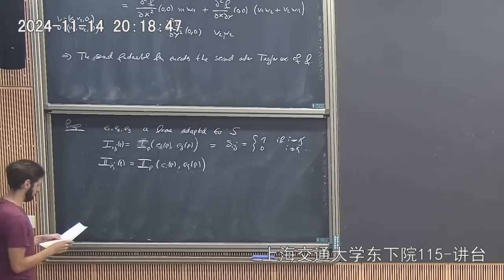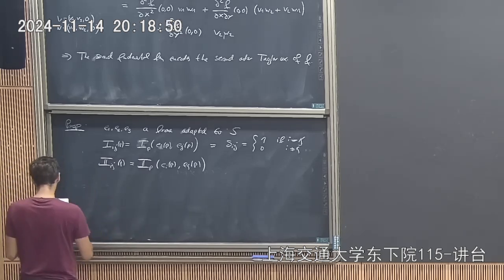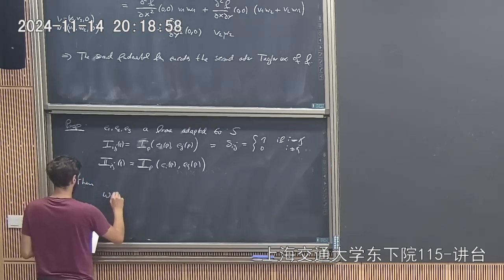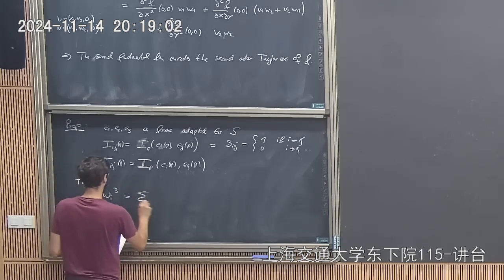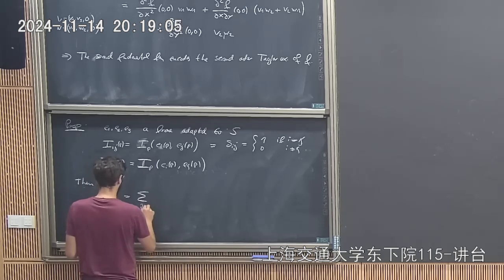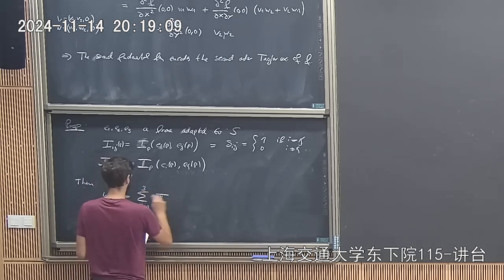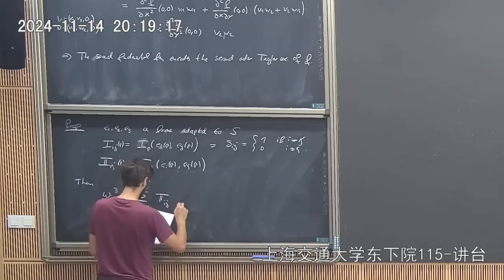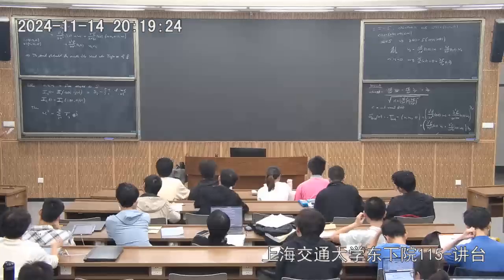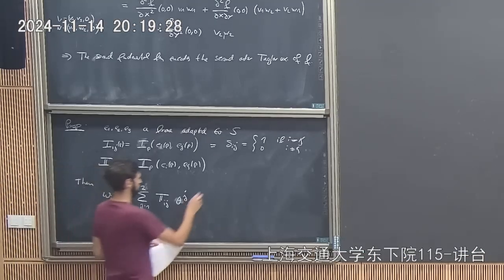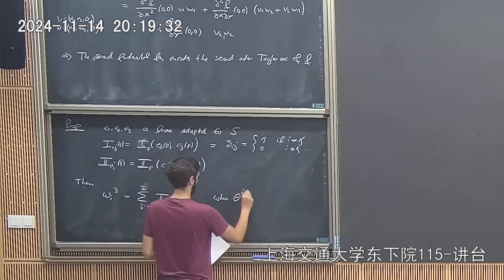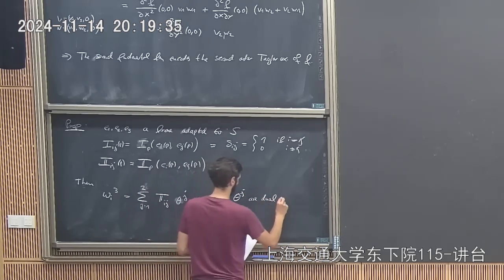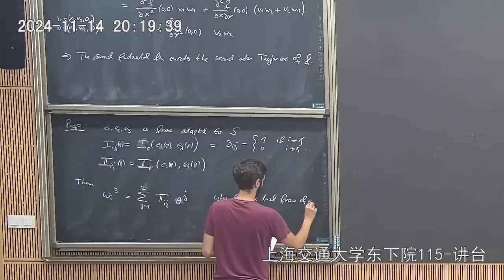And the proposition says that we have the following expression: omega i3 we can obtain as the sum over all j from 1 to 2, over these coefficients times theta j, where theta j are the dual frame of Ei.